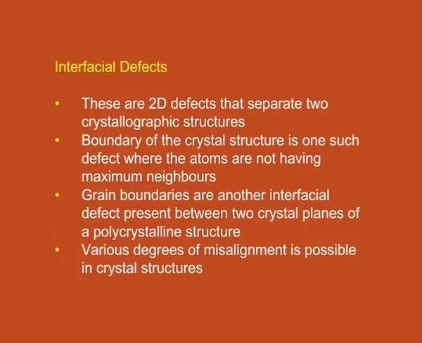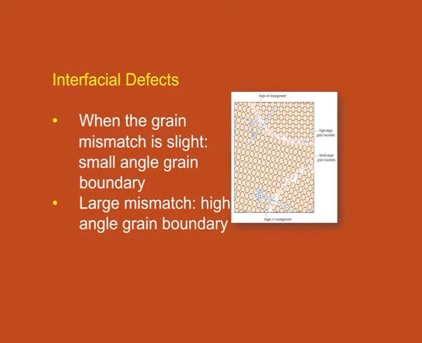Now, there are various degrees of misalignment in crystal structures between the two crystalline phases in the solid. They are classified on the basis of the angle of orientation or angle of alignment of atoms in a particular phase of the polycrystalline solid with respect to the atoms in the other phase.